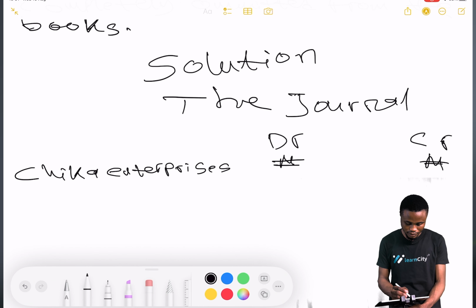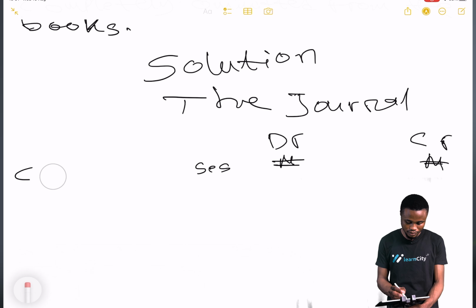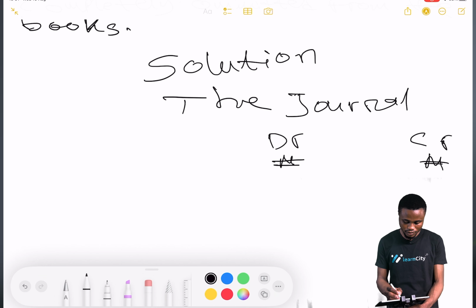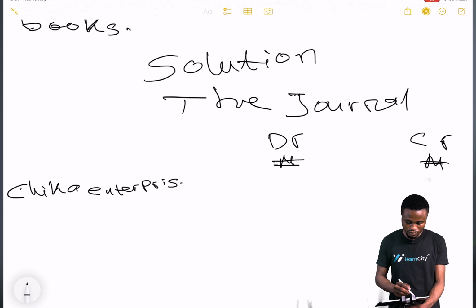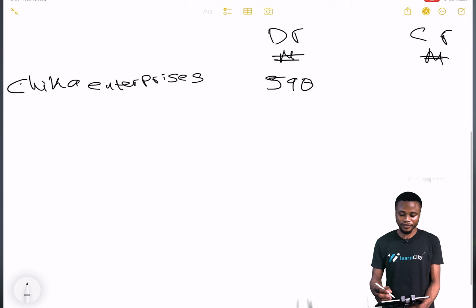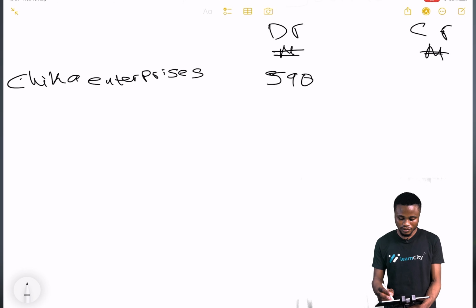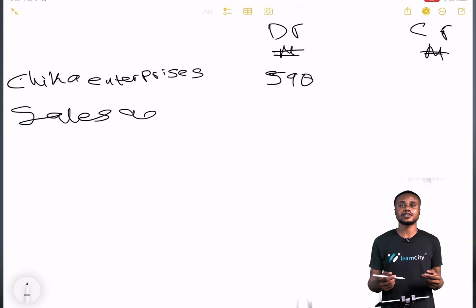Shika Enterprises, which is 590 naira. Having done that, for the sales account, you have to credit the same amount of 590 naira.